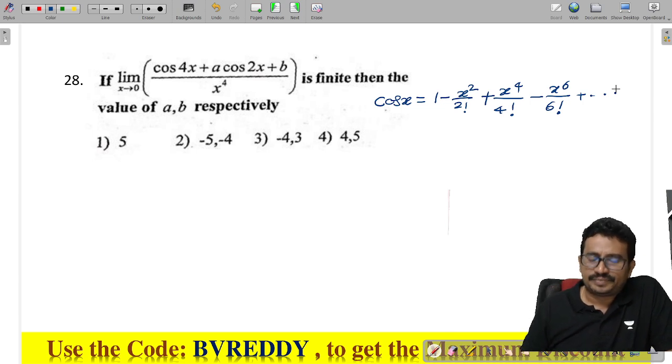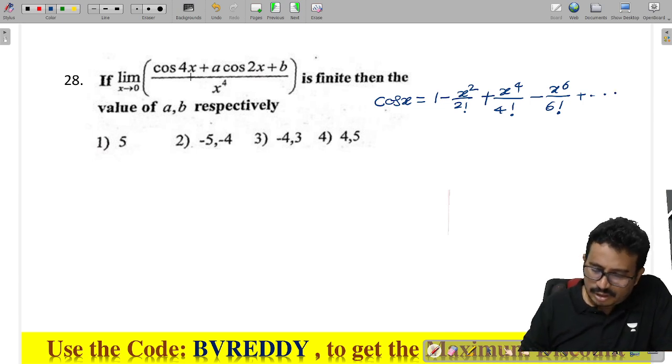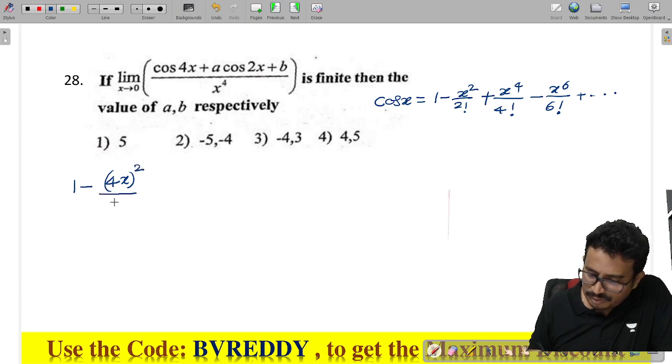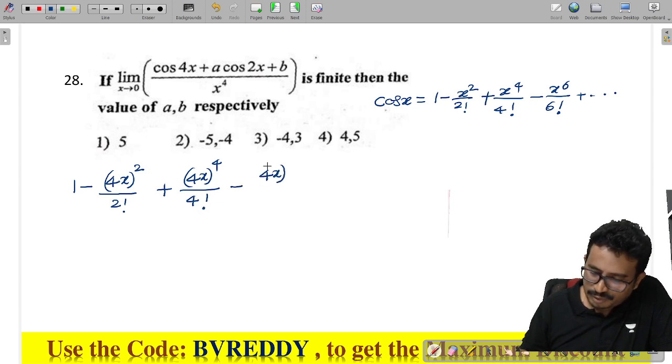Like this will continue. Now here cos 4x is equal to 1 minus, so in place of x we have 4x, 4x squared by 2 factorial plus 4x power 4 by 4 factorial minus 4x power 6 by 6 factorial. Okay.